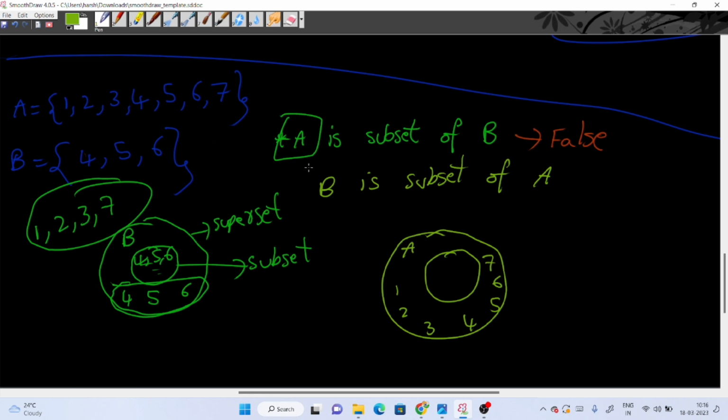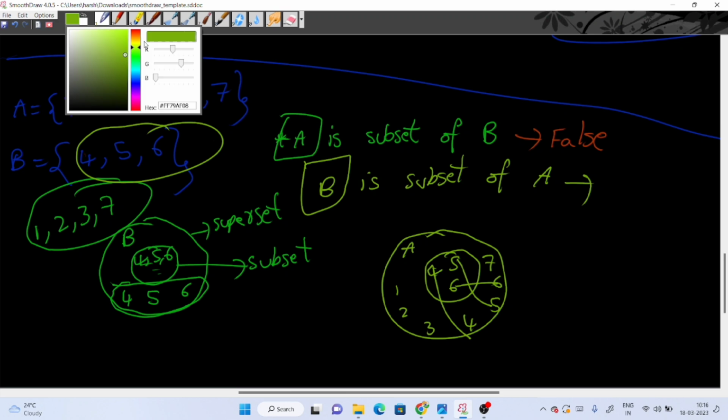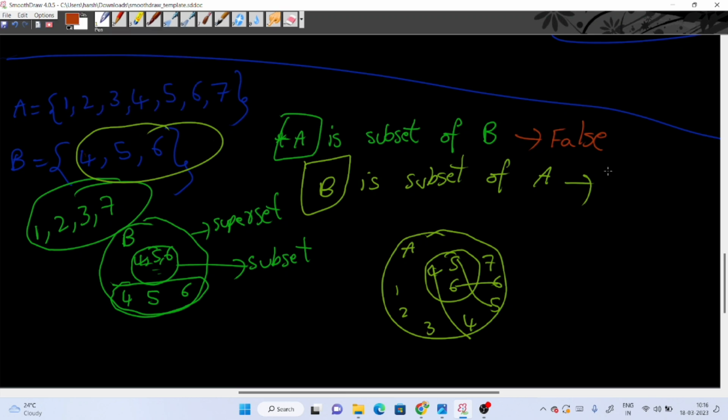So now let us see whether this B can fit in this A or not. What are the values of B? We have values like 4, 5, and 6. So obviously 4, 5, and 6 fit in A. So that's why B is a subset of A.